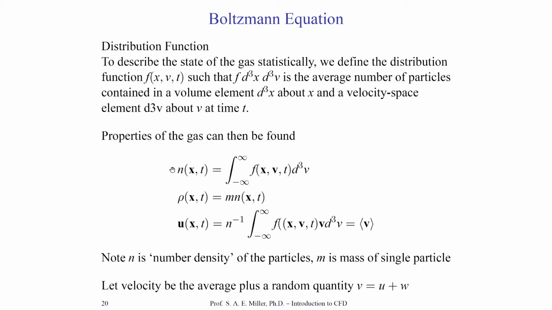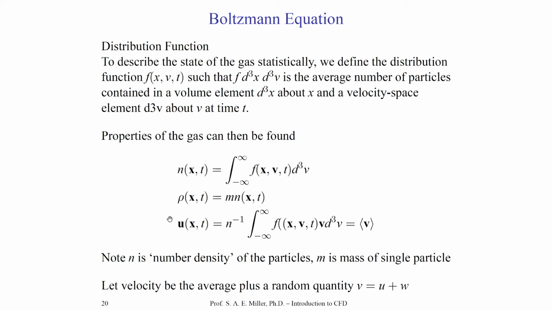N at any point x in time t in the field will be the integral over the whole three-dimensional domain of f dv. The density will then be defined as the mass of each particular particle times n.